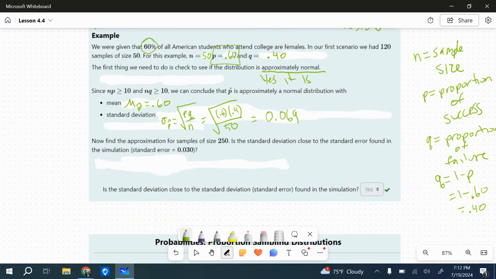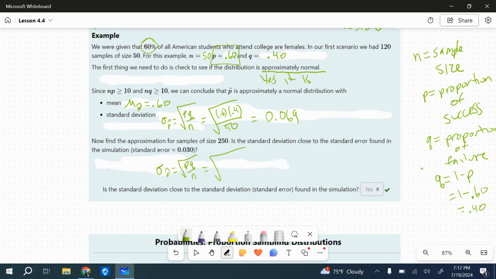Now, to find the approximation for samples of size 250, is the standard deviation close to the standard error found in the simulation? My standard error was 0.03. For this one, my sample size is 250 instead of 50, but I'm still using the standard deviation formula, the square root of p times q over n.